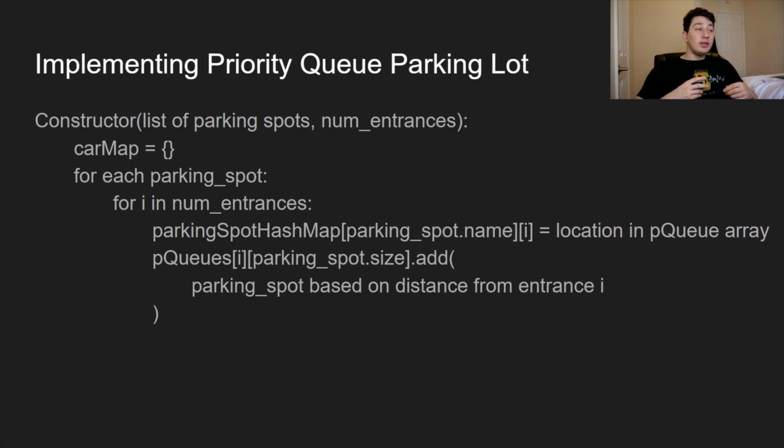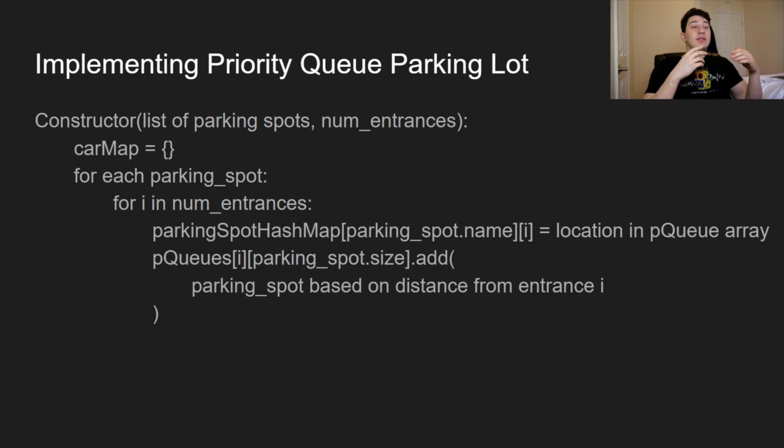So it's very important that we keep some data structure that allows us to see where these parking spot nodes are in every single queue in terms of their actual index. That's what the parking spot hash map does. For a given parking spot name and the actual entrance, it tells us where that location is in the priority queue. Additionally, we're going to add all of these parking spots to the proper priority queues, making sure to put them in the right size queue.